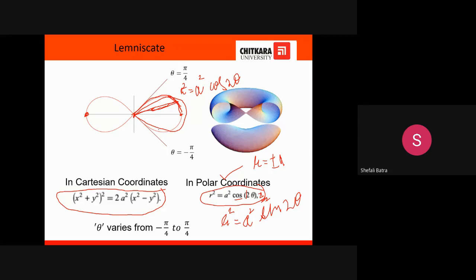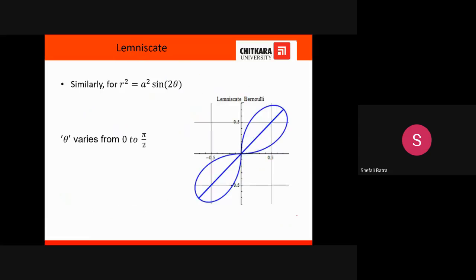Similarly, you can make this and this and this. Just put the theta and get the value of r and display that. So this type of 8 becomes a square cos 2 theta, and this would be for sine theta.